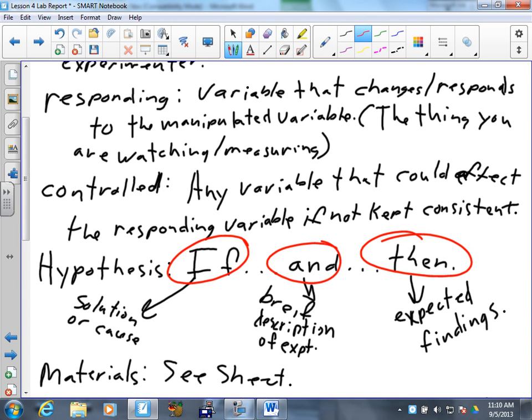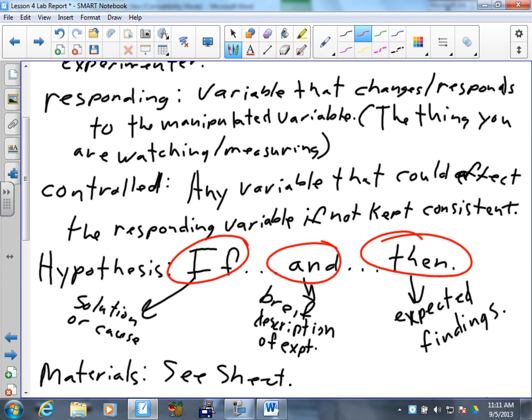All right. The if part always talks about the problem. It is what you think the solution to the problem is, or the cause of the problem, okay, or something along those lines. The and part describes the experiment very, very briefly. The then part gives you the predicted findings. Right? Sometimes those are general, and sometimes they're very specific.